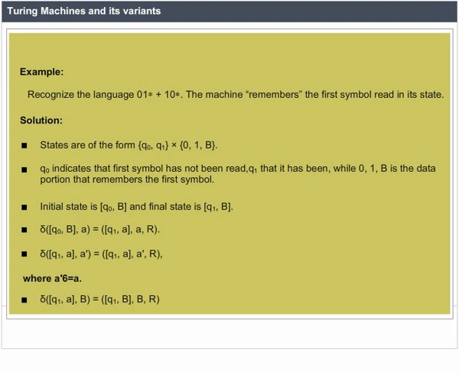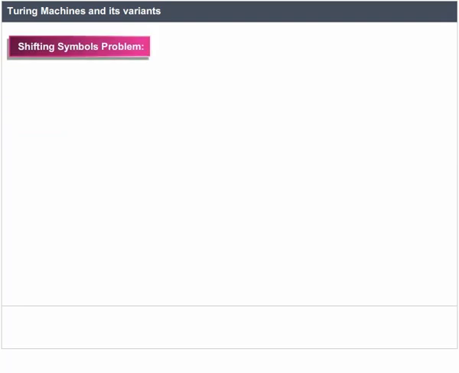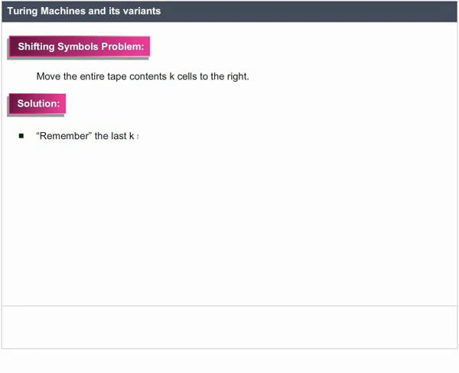Shifting symbols problem. Solution. Remember the last k symbols in finite control. States are [q, A1...Ak].